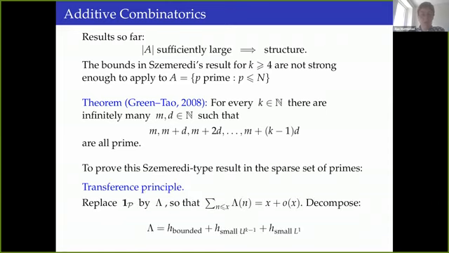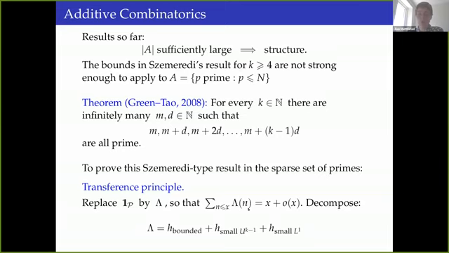And the type of information that Green and Tao used in order to succeed with their result was a transference strategy. In a simplified manner, very roughly, what happens is that you replace the characteristic function of the set of primes by a dense version where you weigh logarithmically and replace it by the von Mangoldt function.